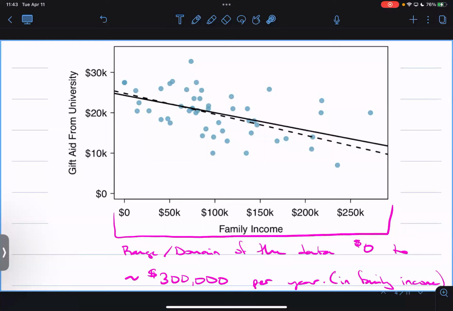And usually I'll show you the type of question that I usually ask. I say, predict the gift aid for a family who makes 600,000 a year, right? And then I usually have a follow-up. Do you trust this prediction? And then there's often little scribbles saying, no, I don't trust this prediction because of the word that I can't remember right now.